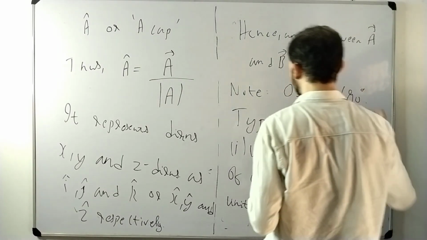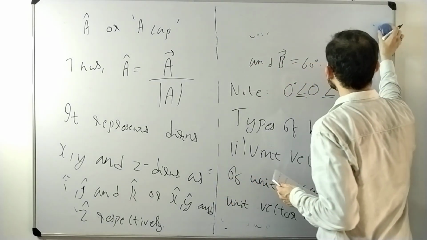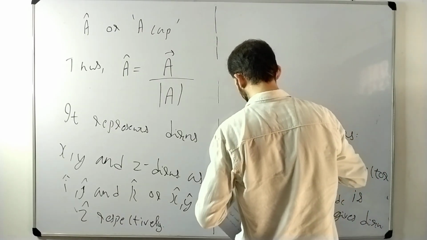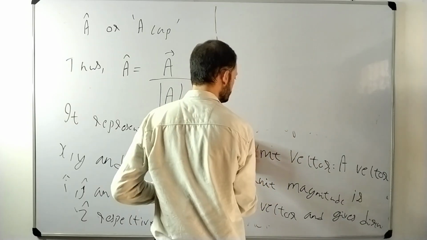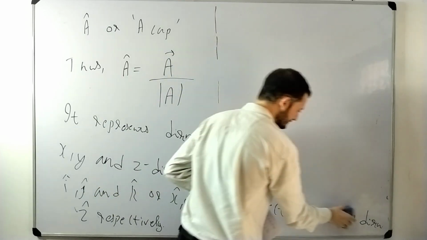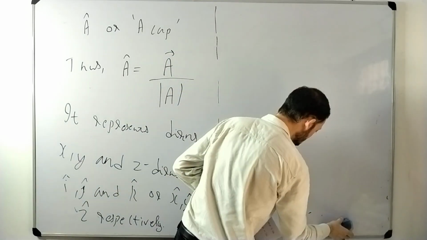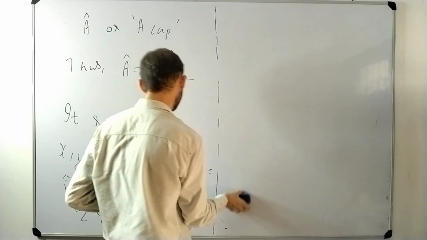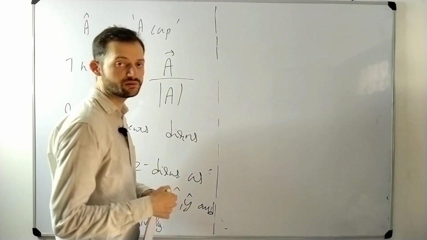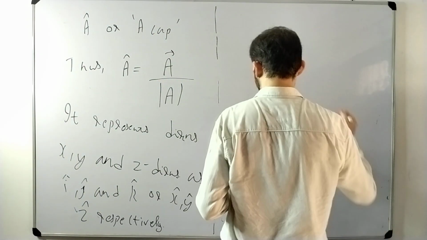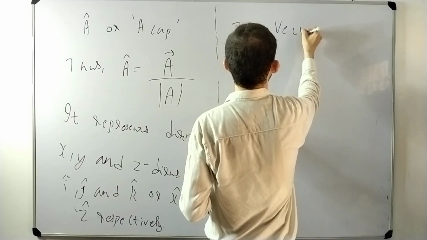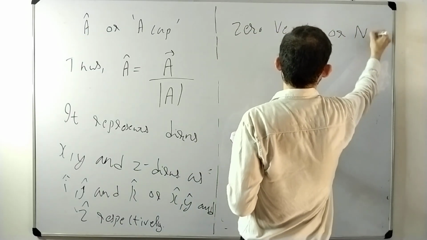Zero vector or null vector. You would be thinking that a zero vector is just zero, so what is the use of it? Quite interesting. Everything in mathematics has a certain use.